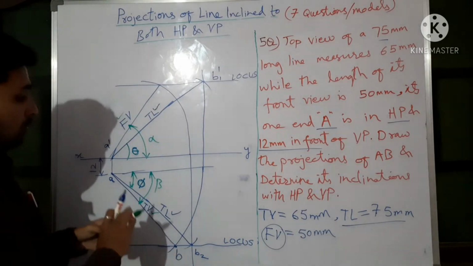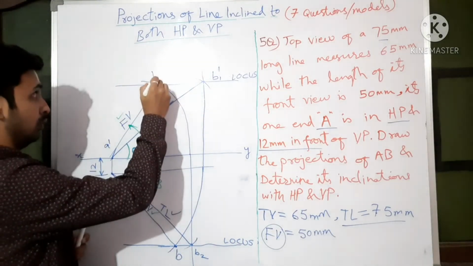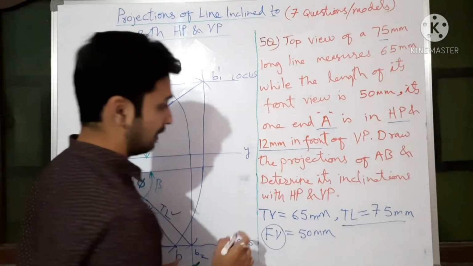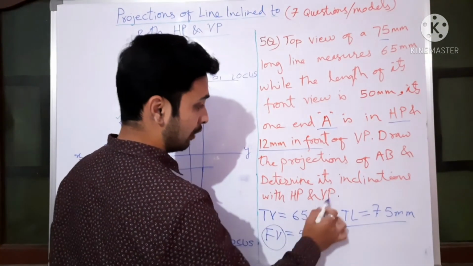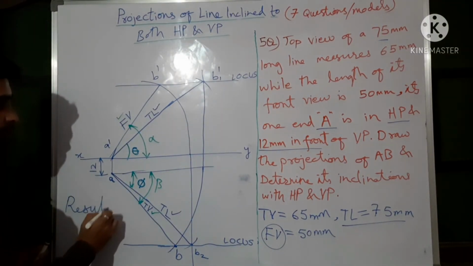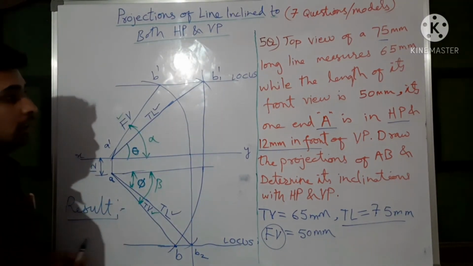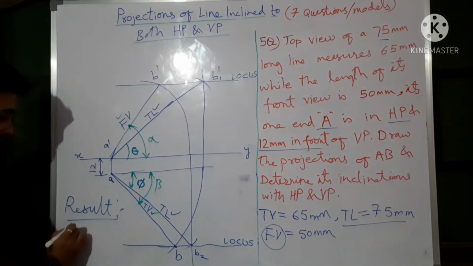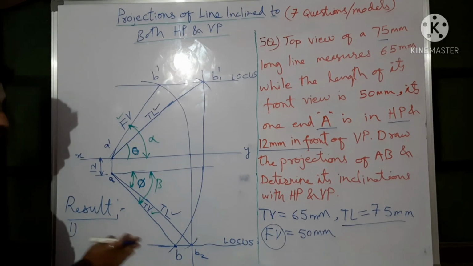Okay, so now we will mark A dash, B dash, these points we will locate. Anything left? Nothing. So what is asked in the question that we will see: determine the inclination with HP and VP. So in the result we will write: draw the projections of AB. First point in the result, projections of AB is drawn.